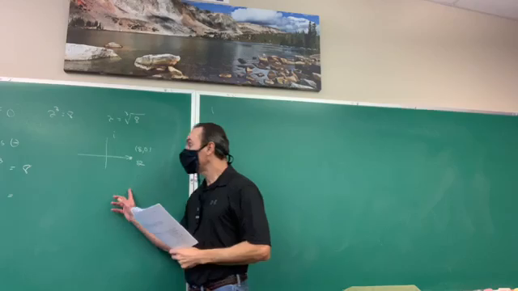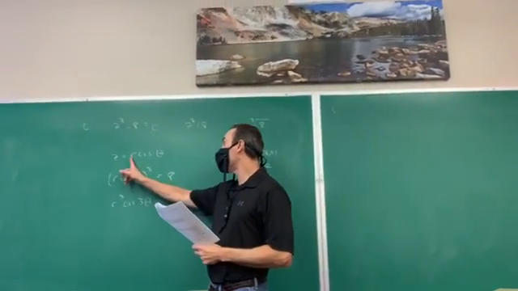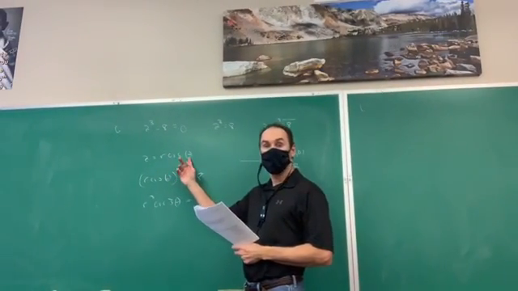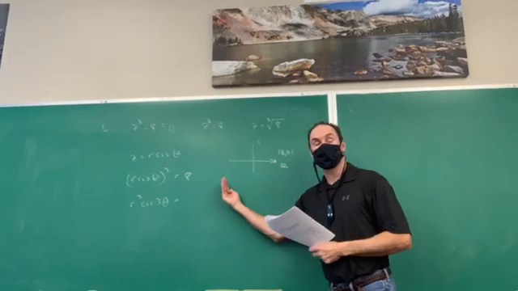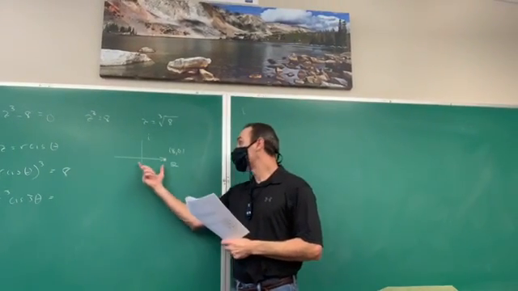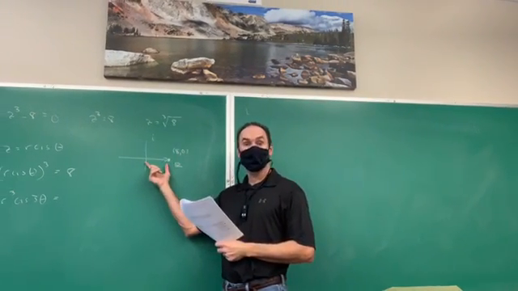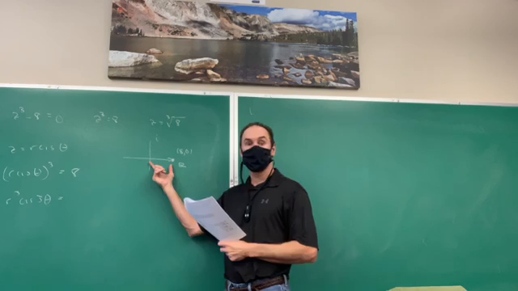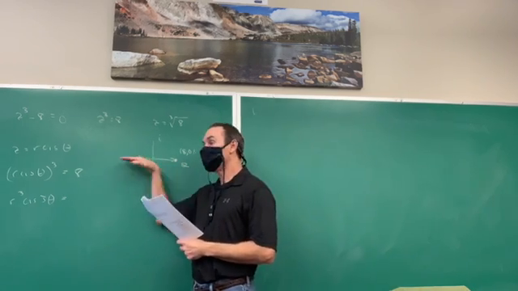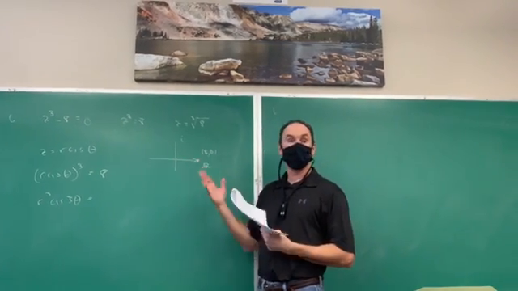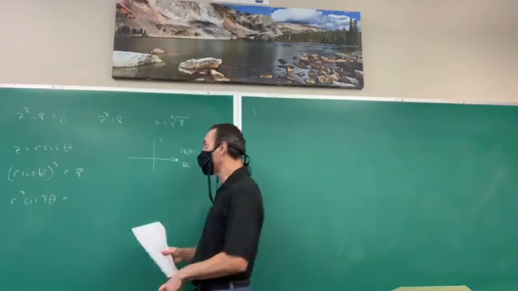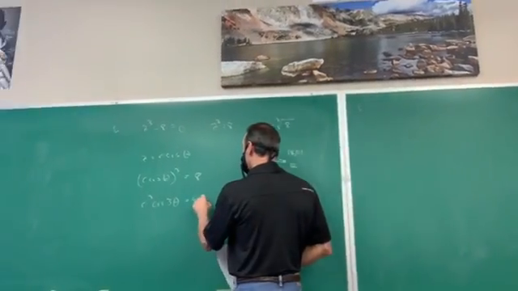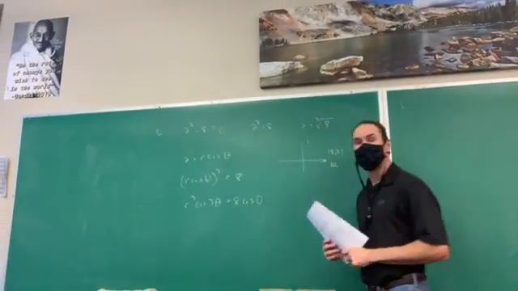We want to think of that in terms of what is its r and what is its angle theta. The r being the distance from the pole, that distance is going to be 8, so our r is 8. And the theta, because we're right on the x-axis, is going to be an angle of 0. So we're going to think of that as being 8 cis 0.